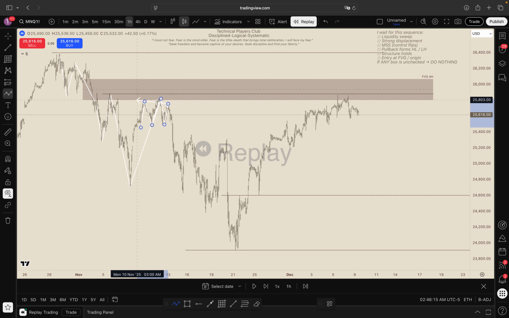Let me use the path tool. We have high, low, lower high, lower low, lower high, lower low. This came up. You would think this is faking people out, but it did not break this structure right here. So we still got a basically kind of equal, but lower high.